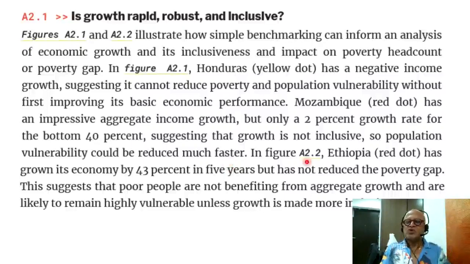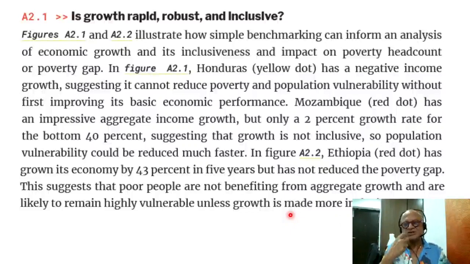In figure A2.2, we'll see Ethiopia in the red dot has grown its economy by 43% in 5 years, but has not reduced the poverty gap for 2 periods compared to the bottom and the top income earners. This suggests that poor people are not benefiting from aggregate growth and are more likely to remain highly vulnerable unless growth is made more inclusive.